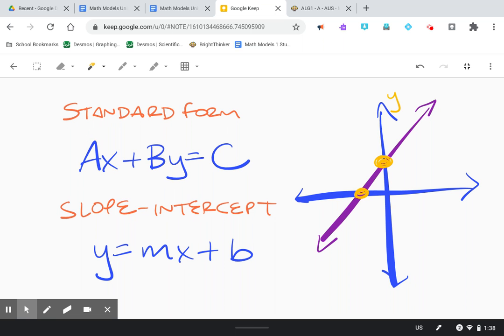Since this is the y-axis, this is the y-intercept, and this is the x-intercept because it's the place where it crosses the x-axis. And the slope, we dealt a lot with in the previous unit. It's the change of the line as it goes across. But in this lesson, we're focusing on the intercepts of standard form equations.